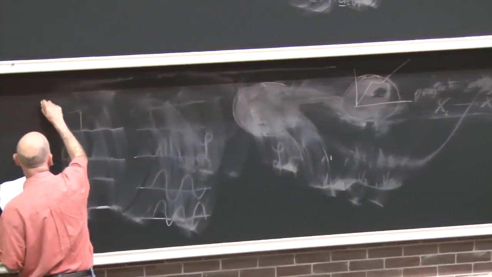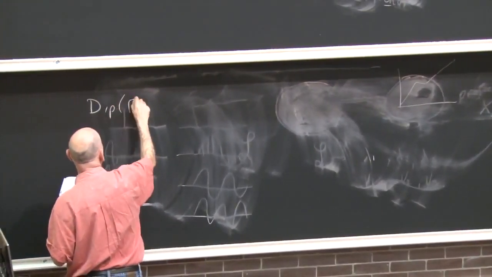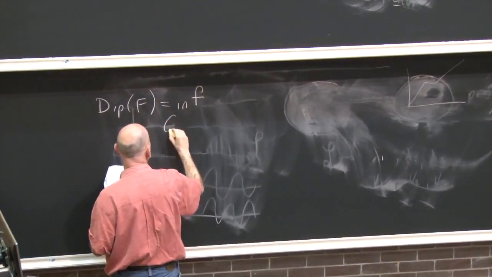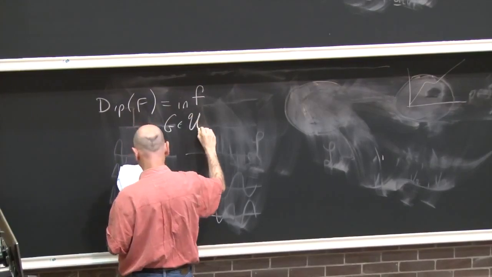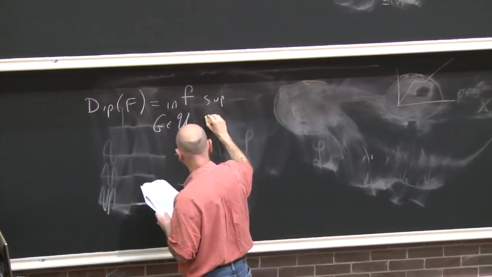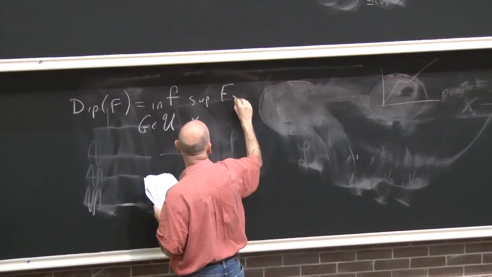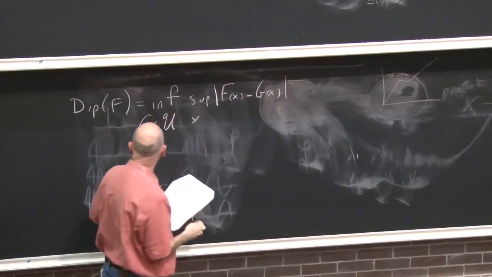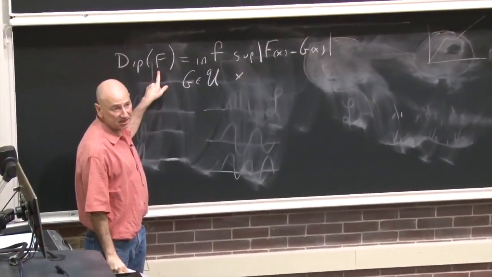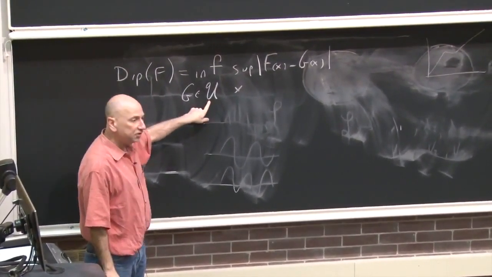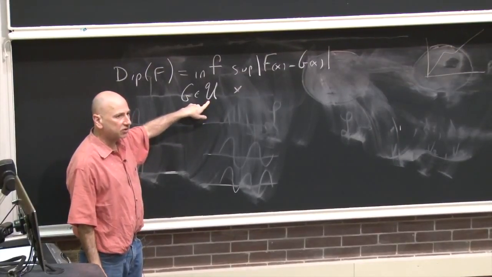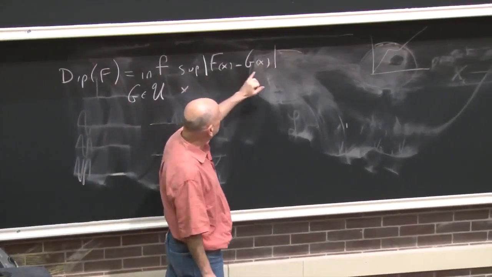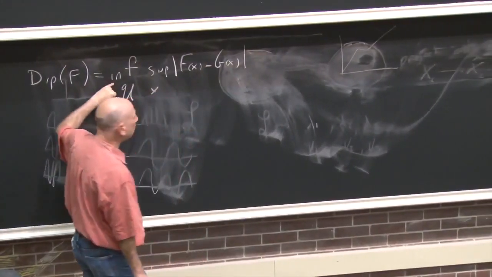And how do you define the dip formally? Formally, it's defined the following way. So here is some given CDF. Script U is the set of all CDFs that correspond to unimodal distributions. And what I do is I take the distance between F and G, where G is a unimodal distribution, and I find the closest one.